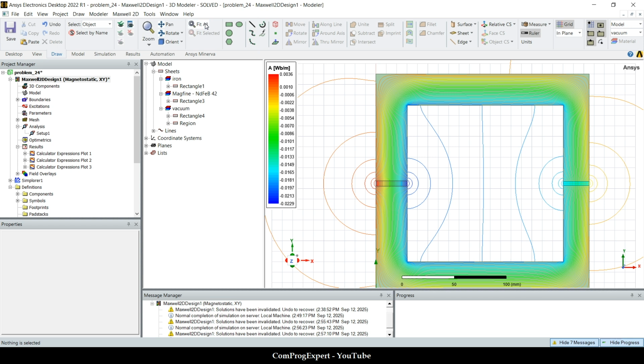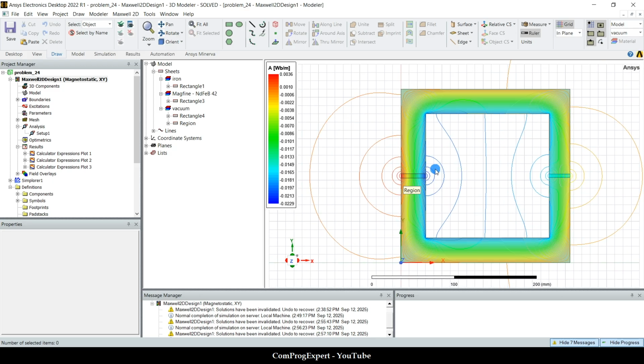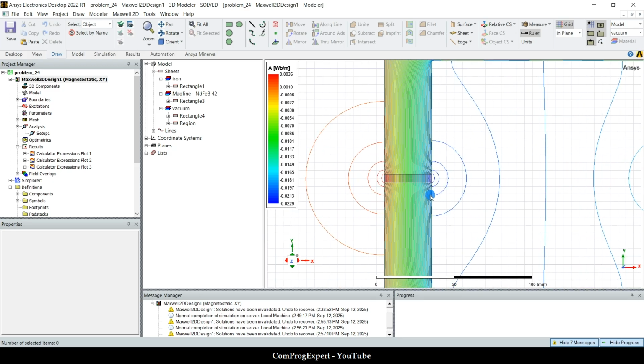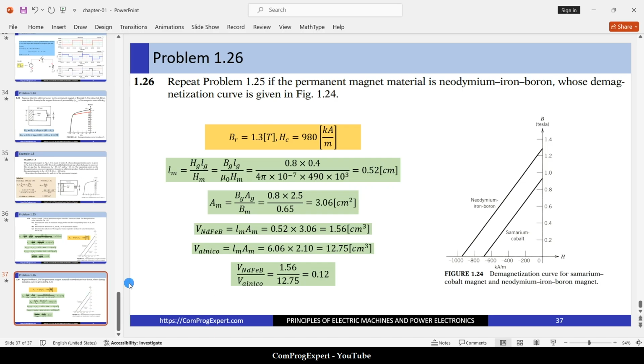So anyway, you can repeat the same analysis, and maybe you can also consider other grades available in the library of the ANSYS Maxwell and compare your calculations. Anyway, this was the last problem of chapter 1.